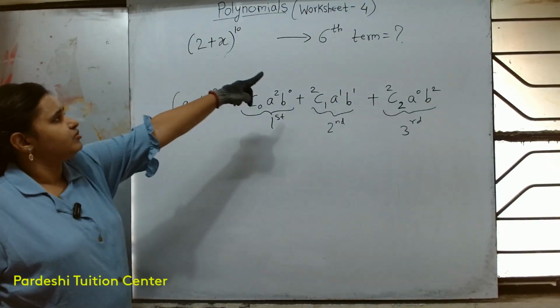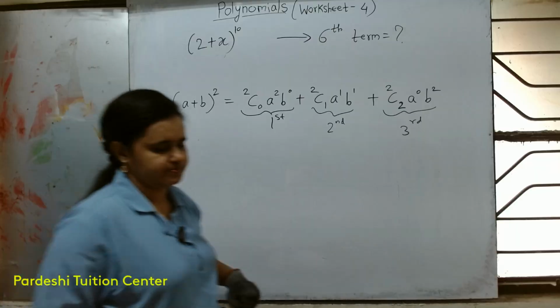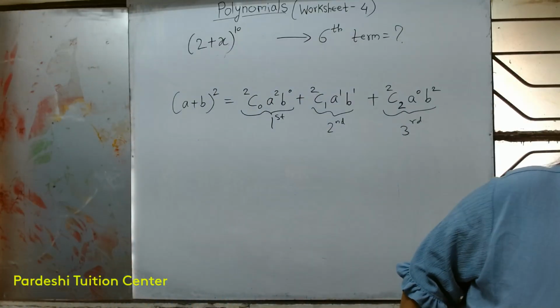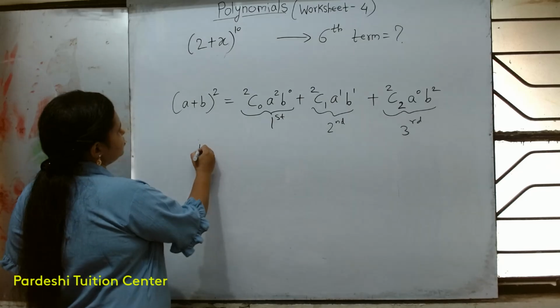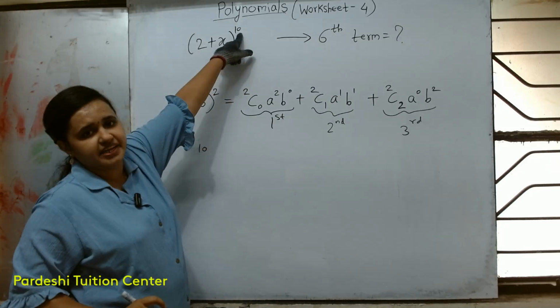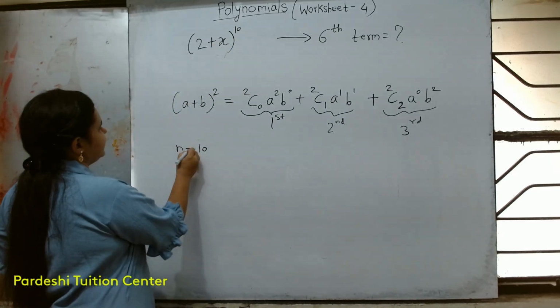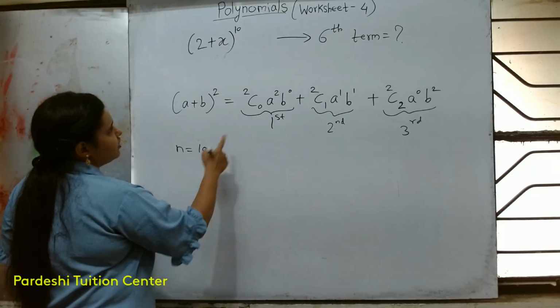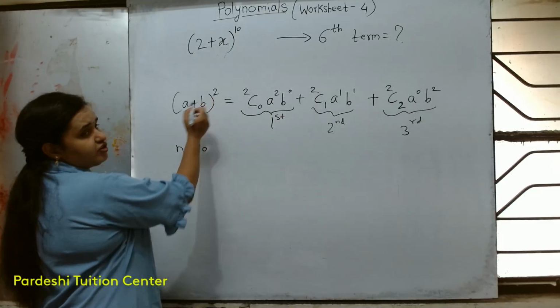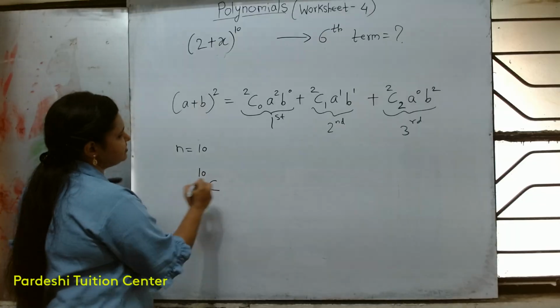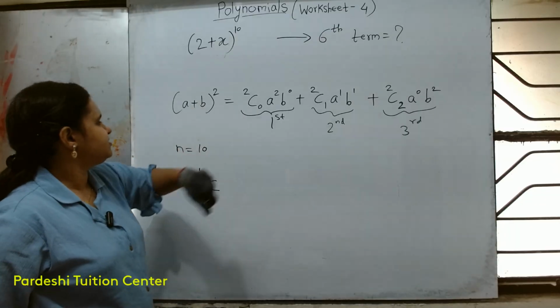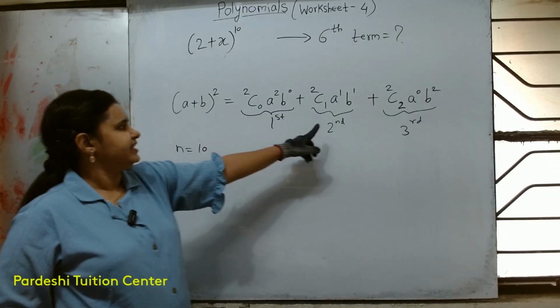So if we have to find the sixth term, what will be the sixth term? Here n is 10. So I have taken n as 10, and I will write 10C. Now the first term has r equal to 0, the second has 1.